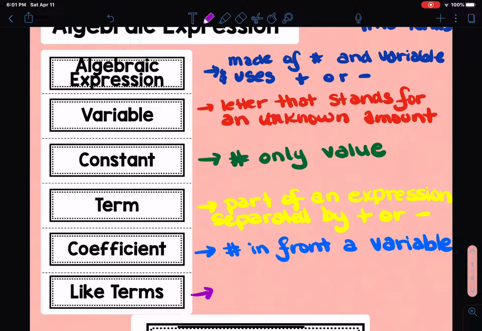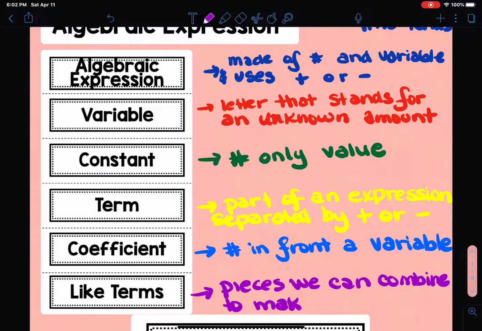Like terms are pieces we can combine to make one value. Okay, so that's kind of the basic vocabulary of what those expressions look like.